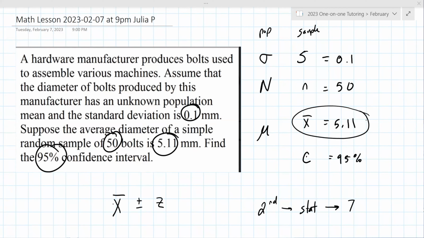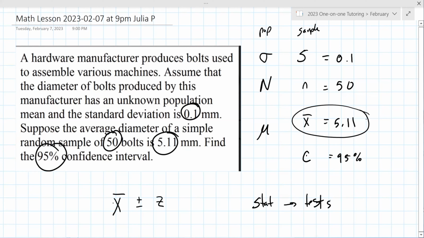All right, so calculator on, stat, test, not second, stat, test. This is wrong. Tests, and then you go over, and this is the Z interval. And you want to choose stats.